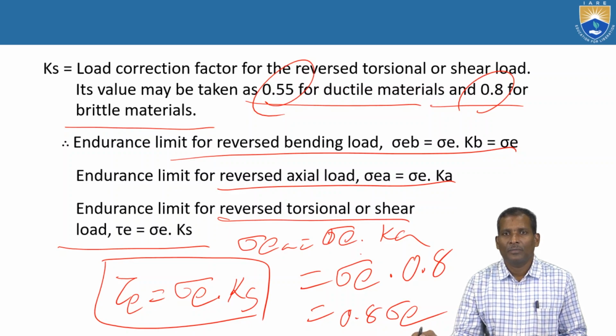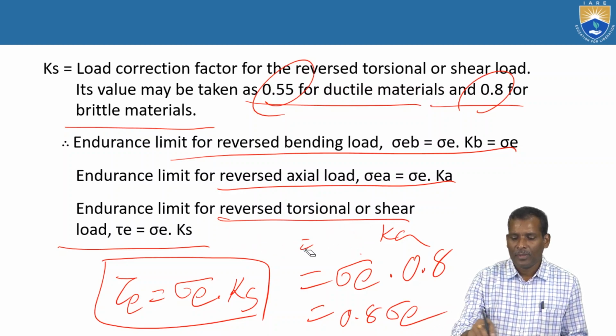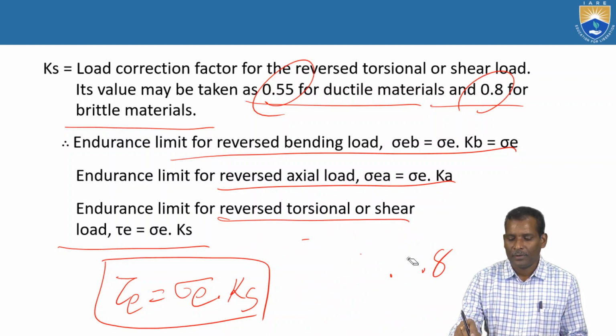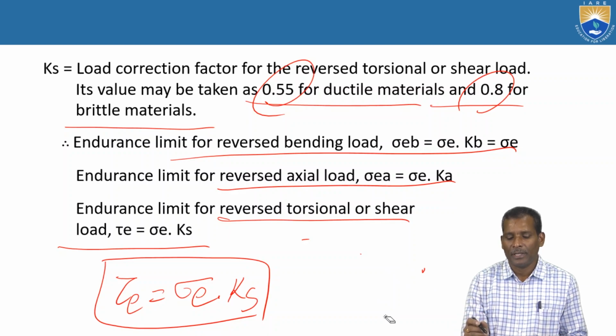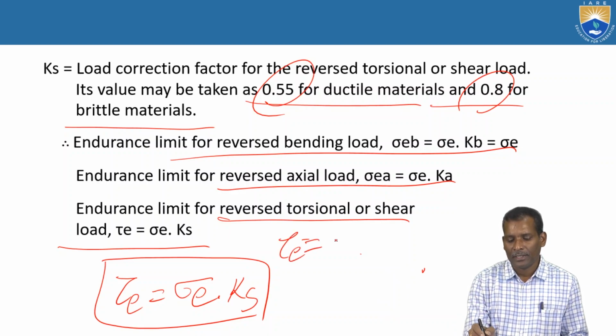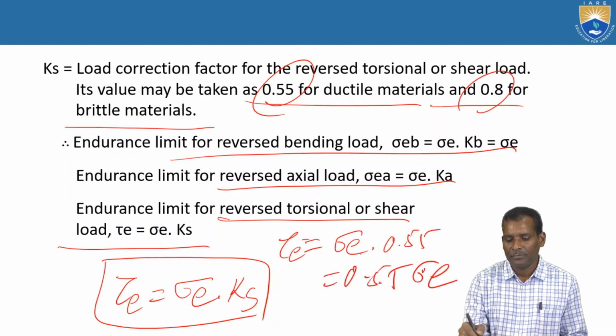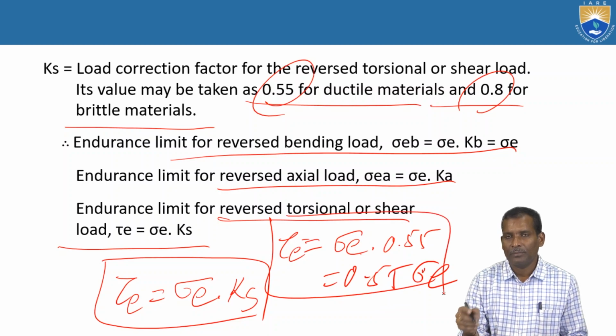So, shear load factor: here you may take 0.55 for ductile materials and 0.8 for brittle materials. Suppose the material is ductile, then it is 0.55 sigma E for ductile material.